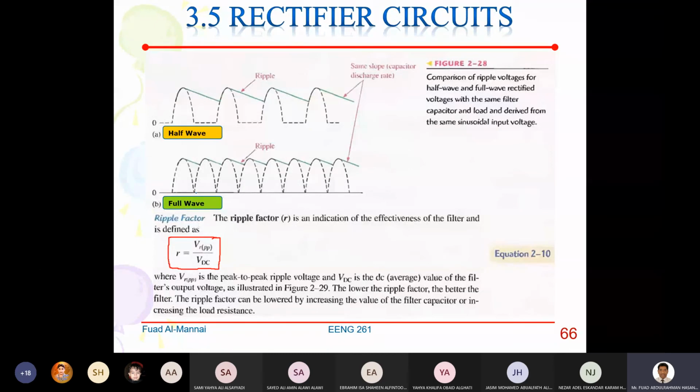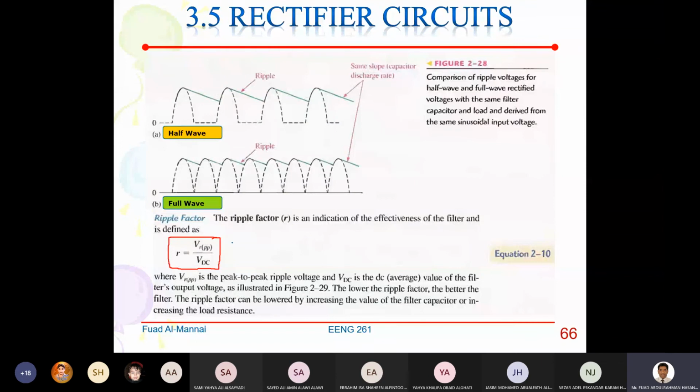The capacitor will charge, and then it will not discharge completely. It will be halfway discharged, and then the input reaches the peak value of the negative half cycle, and the capacitor will charge again, and then discharge, charge. So the ripple will be less than the ripple for the half wave. Can you see it? All right.